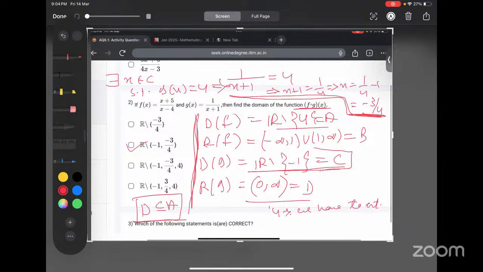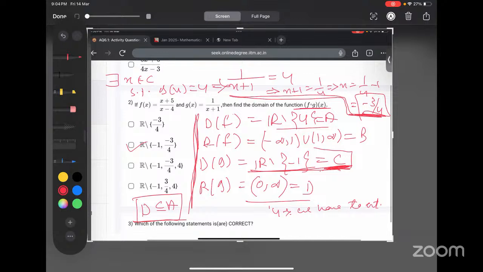Ma'am, once we get minus 3 by 4, according to that the answer should not be the first option. Like how we got minus 1 in case of the second option. First of all, this is C. C minus this point. C is already R minus minus 1, so we are excluding one more extra point from C. We are restricting C, we can't go outside C, right?